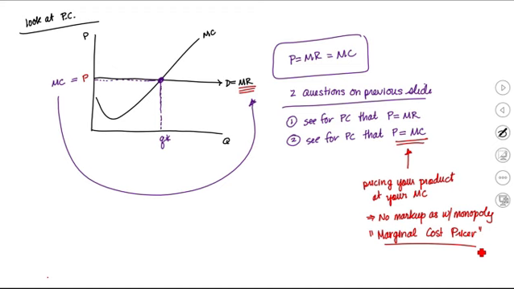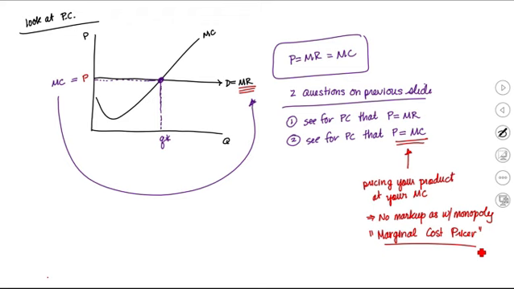Which is better for us as consumers? Do you want your goods produced by a monopoly, or do you want them produced in a competitive environment? Yeah, do you agree? We want it produced in a competitive environment if we're looking at consumers. Now, if I'm a firm, would I rather be a competitive firm or a monopolist? Yeah, if I'm going to own a company, I want to own a monopoly.